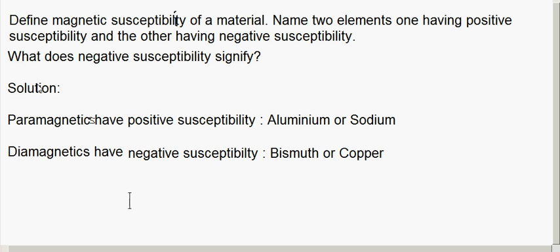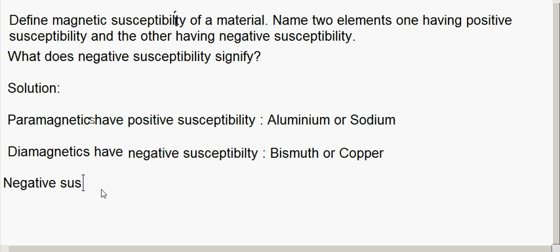Okay, so then what does negative susceptibility signify? Negative susceptibility signifies that these materials get magnetized in the direction opposite to that of the magnetizing field. So they get magnetized in the reverse direction.